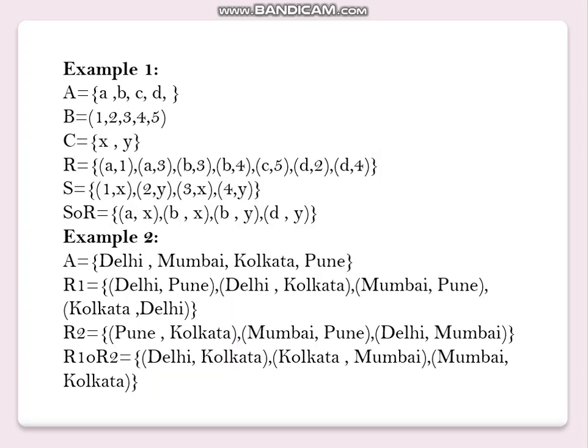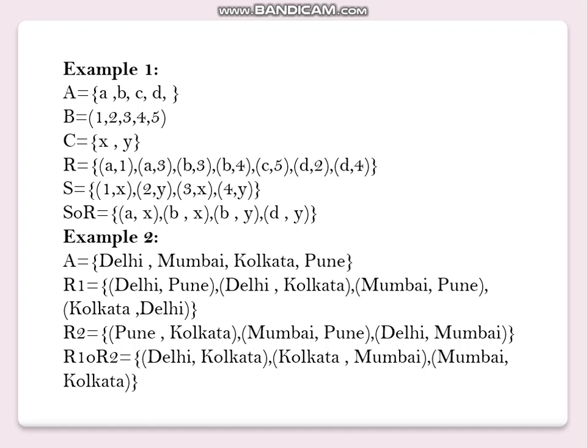In the example, we have a, b, c, d in A, B is 1, 2, 3, 4, 5, C is x, y. So relation R from A to B is (a,1), (a,3), (b,3), (b,4), (c,5), (d,2), (d,4). S is a relation from B to C: (1,x), (2,y), (3,x), (4,y).